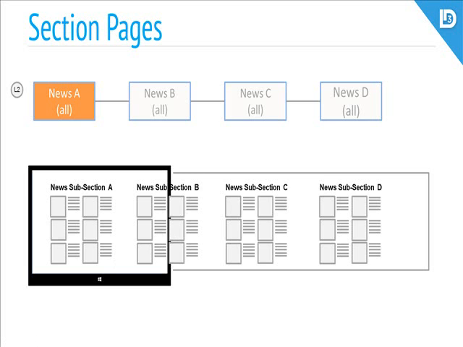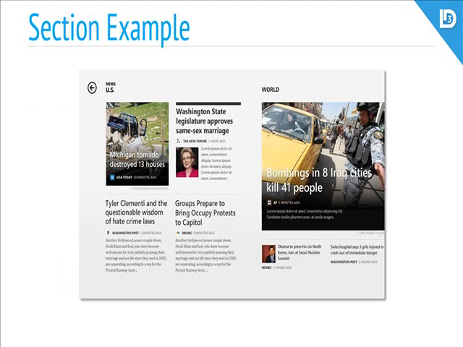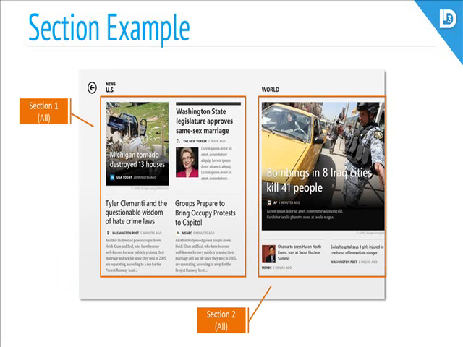These are no longer hubs. These are headlines, if you will, of all of the stories within that particular section, and then I could obviously choose one of those stories to go see that in detail. So keeping with my example, I have all of my U.S. news stories, and then to the right of that, all of my world news stories.